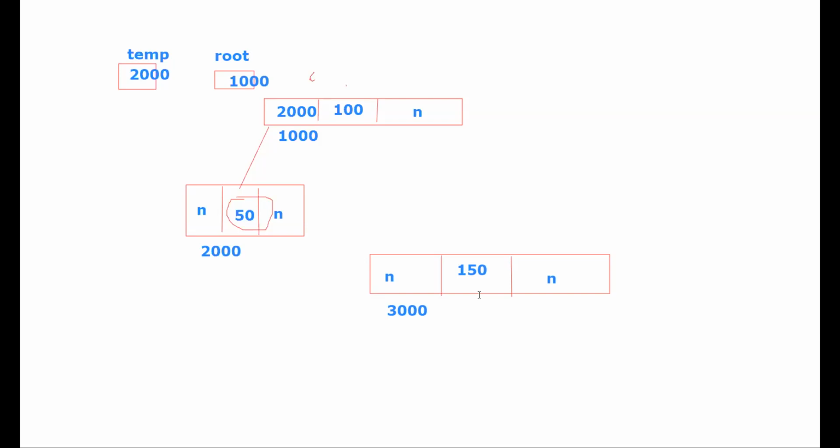It goes to the else part. What I'm doing is replacing the temp: root tens right equal to temp. That means I'm taking the temp value and assigning it to root tens right. That's all.